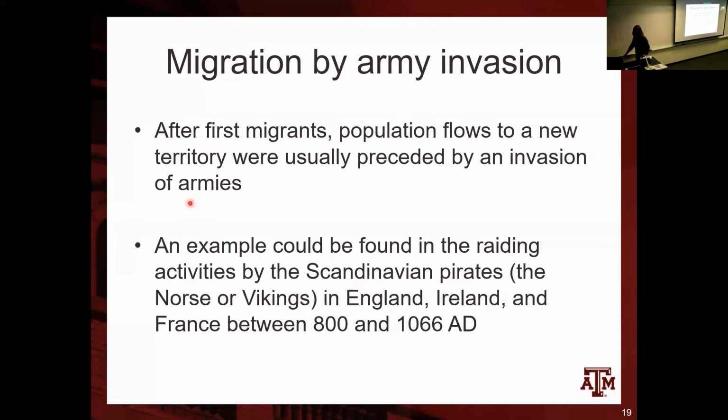An example could be found in the raiding activities by Scandinavian pirates in England, Ireland, and France between 800 and 1066 AD, right? So these are more recent years compared to the ones we were talking about before. And now we start to see more encounters and more dispute for territory between different groups.